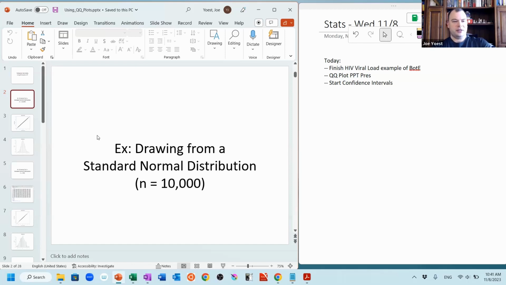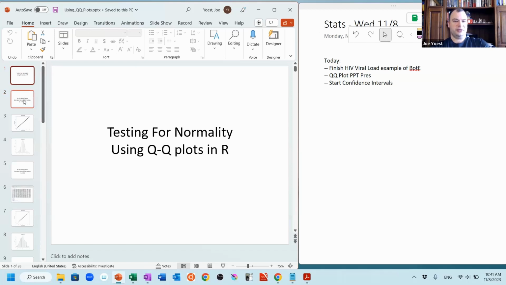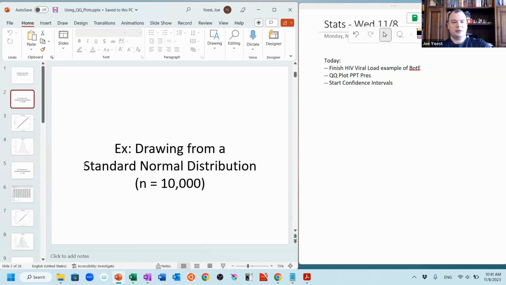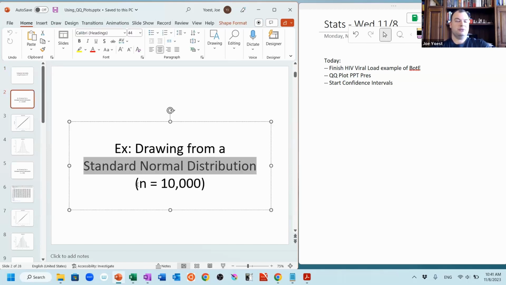So here we're going to have R, the programming language, simulate draws from a standard normal distribution. So we know that this data came from a standard normal distribution. So our answer when we say, is this QQ plot in line with what we'd expect from a normal? The answer is certainly yes, because we know that we're drawing from a normal distribution.